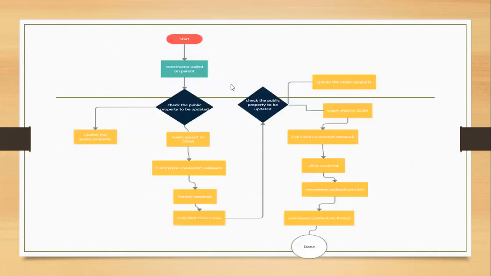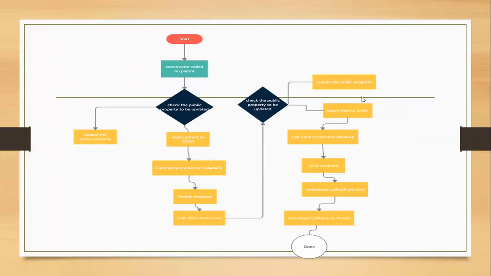Next, start: call the parent constructor, check the public property, update the public property, insert the parent into the DOM, call the parent's connectedCallback, the parent renders, call the child constructor. Next, check the public property to be updated.